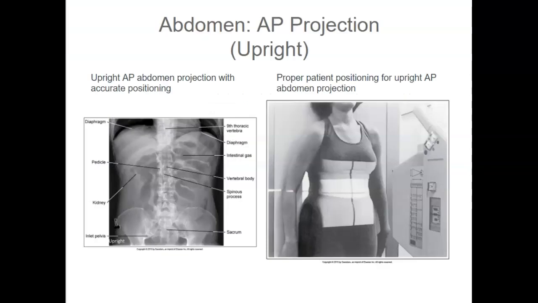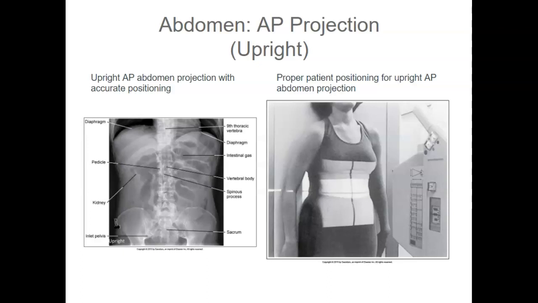Image analysis guidelines for an upright projection are similar to the supine. The biggest difference we need to focus on is that the third lumbar vertebra is centered in the exposure field.